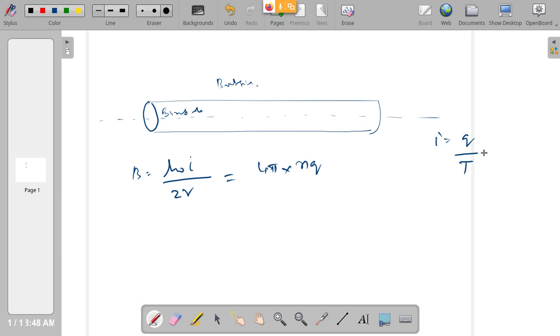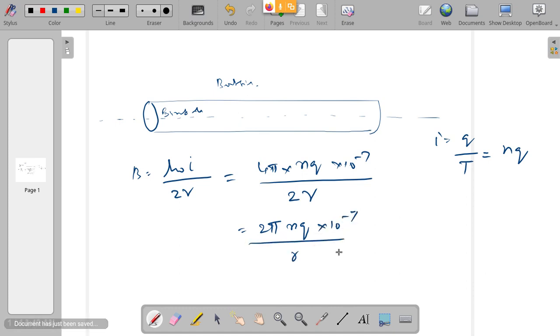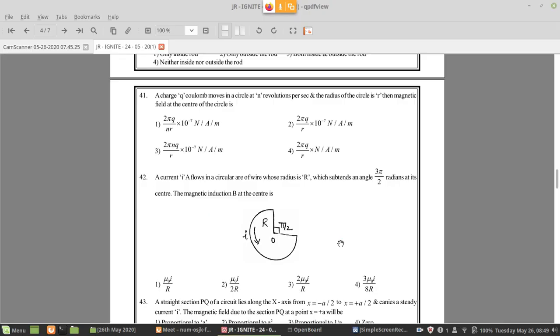The time period is nothing but 1 by frequency. If you take the frequency as n, I is nQ. So 4 pi into 10 power minus 7 divided by 2 into the radius R. So this is basically 2 pi nQ into 10 power minus 7 divided by R. Among the given choices, this is the third one, 2 pi nQ by R into 10 power minus 7. Right. So for the 41st question, the answer is 3.